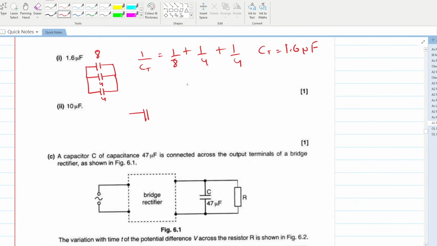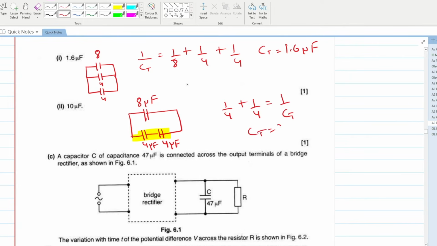We can take an 8 microfarad capacitor and place it in parallel with the 4 microfarad capacitors in series. What will the combined capacitance of this branch become? 1 upon 4 plus 1 upon 4 is equals to 1 upon Ct. Ct comes out to be 2 microfarad. If this entire branch is 2 microfarad, the above one is 8 microfarad. If you add them up, total capacitance will come out to be 10 microfarad.